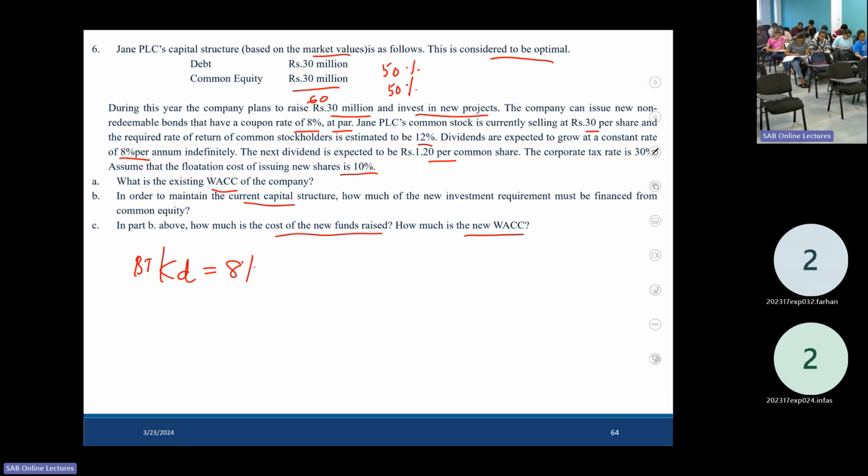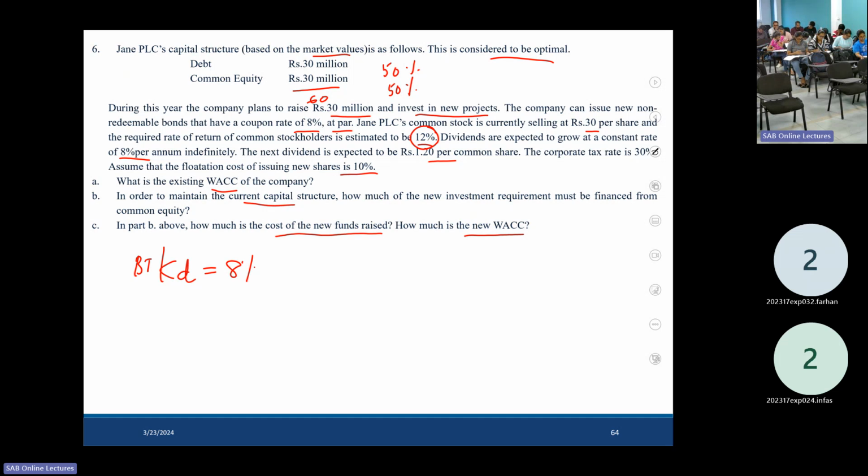Cost of equity. How much is the cost of equity? What is the information? Common stock is currently selling at 30 rupees per share and the required rate of return of common shareholders is estimated to be 12%. Dividends are expected to grow at a constant rate of 8% per annum indefinitely. Next dividend is expected to be 1.20 rupees per share.